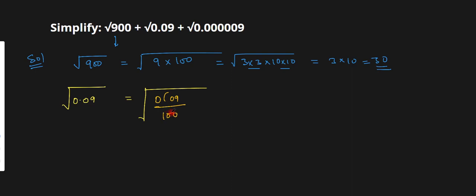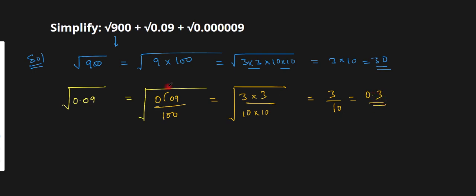Now zeros have no value if they are on the extreme left hand side. Okay, so 9 can be written as 3 into 3 and 100 can be written as 10 into 10. So take this pair and this pair out from this square root. What you will have? 3 divided by 10, that is 0.3.